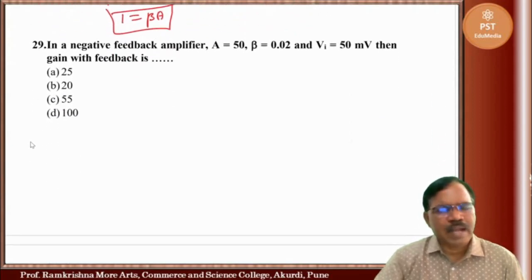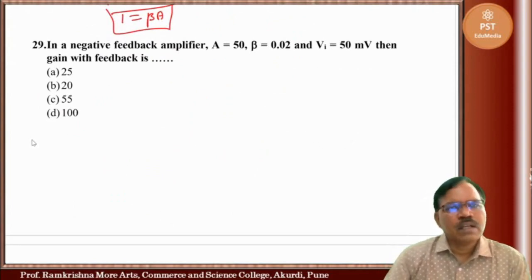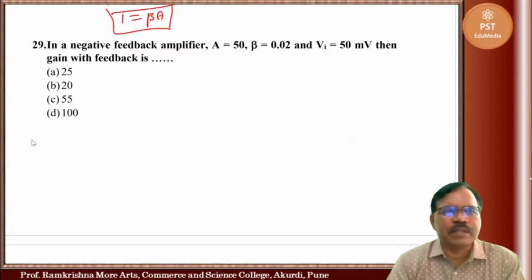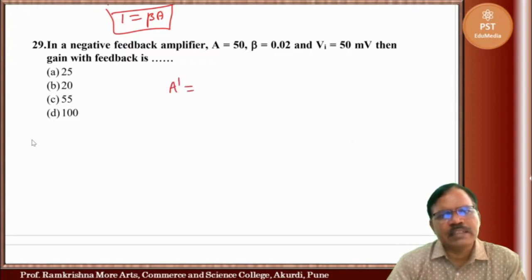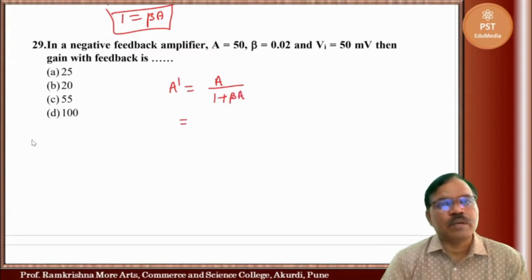In negative feedback amplifier, A is equal to 50, beta is equal to 0.02 and Vi is equal to 50 millivolt, then gain with feedback is, now gain with feedback is A dash is equal to A upon 1 plus beta A. This is for negative feedback.